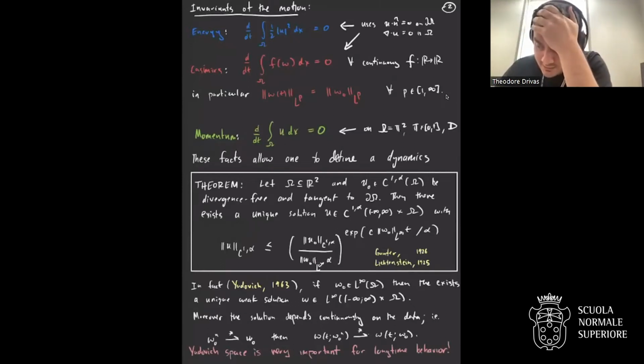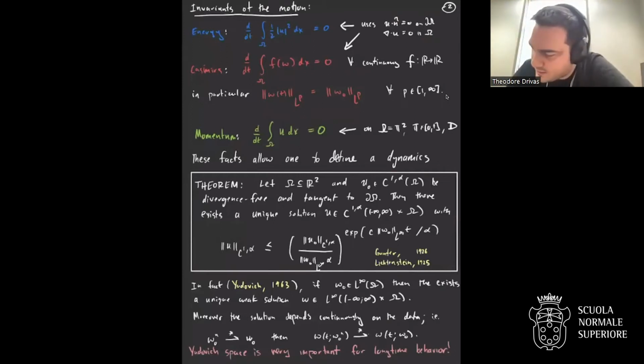And by robust, I just mean that these things hold for any bounded domain omega where you have tangency of velocity. So it doesn't require that the domain have any extra symmetry. One consequence of this Casimir one is that all L^p norms of the vorticity are preserved in time, including the sup norm.